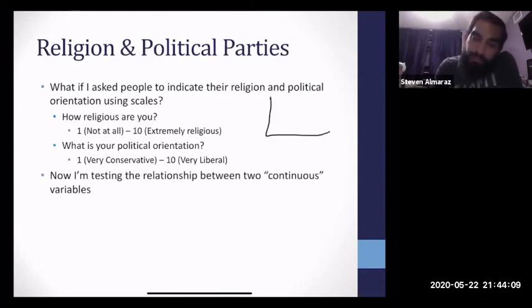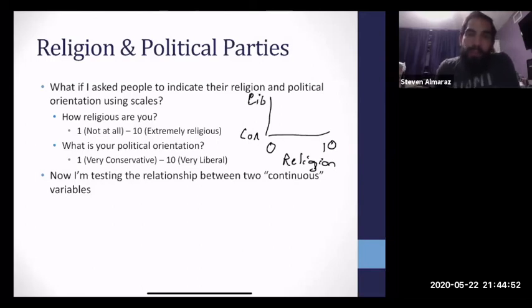So the graph would look something like this. I'll put 0 religion versus 10 religion, and conservative down here, and liberal up here. Now we can find individuals anywhere on this spot.